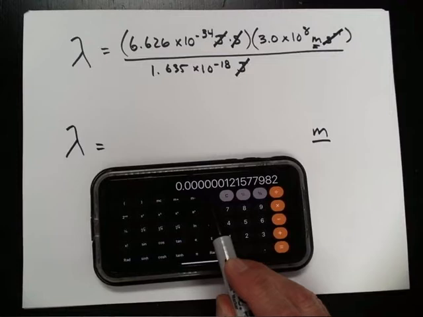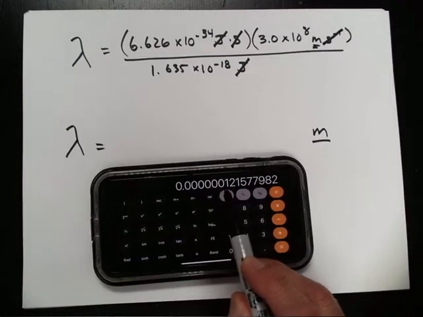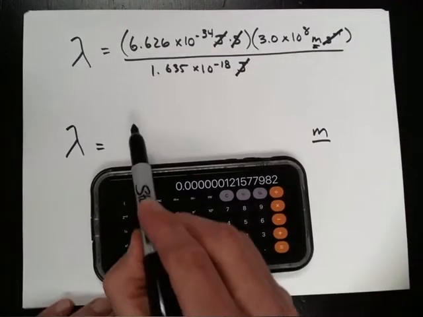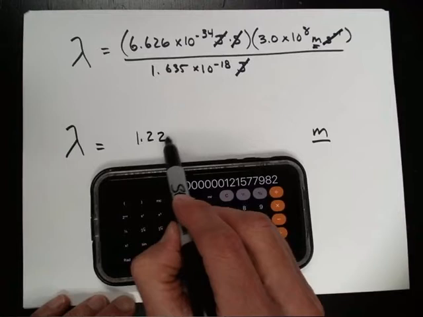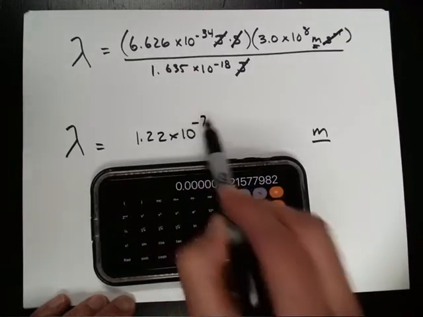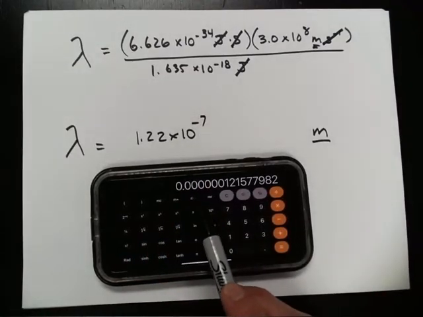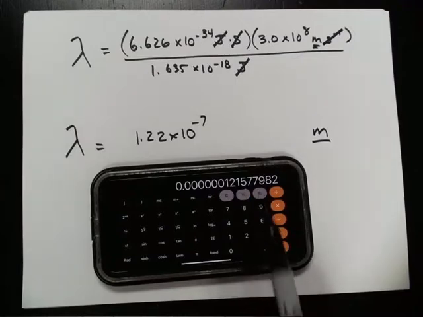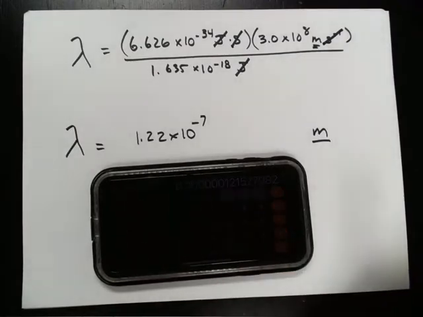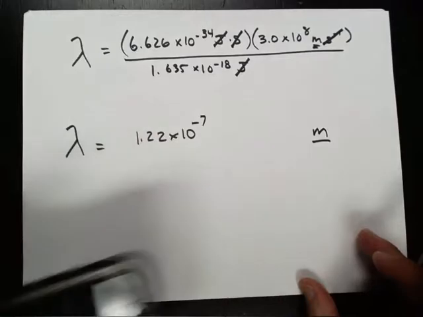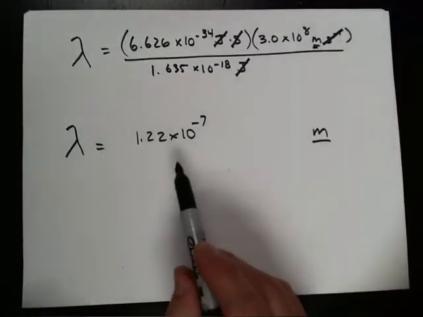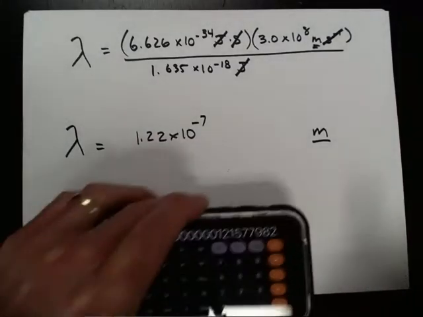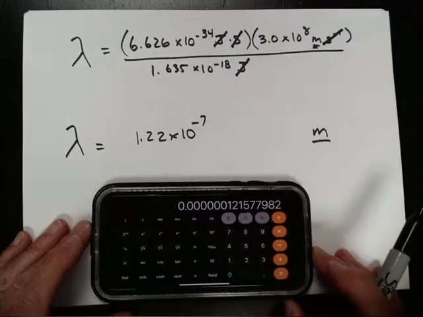I'm getting 1.22 times 10 to the negative 7 meter. Watch this again, and I rounded that one up right there. So it's 1.22 times 10 to the negative 7 meter, which we can convert to nanometers if we remember.